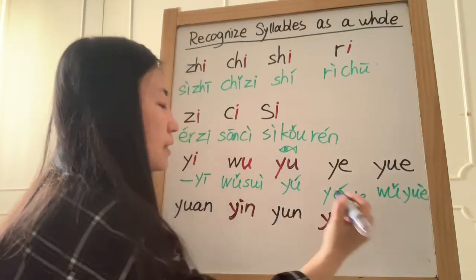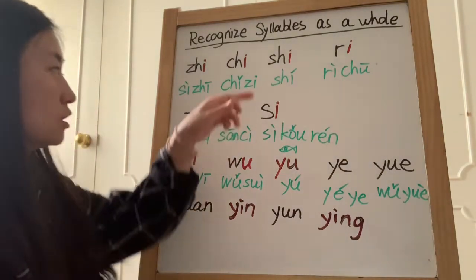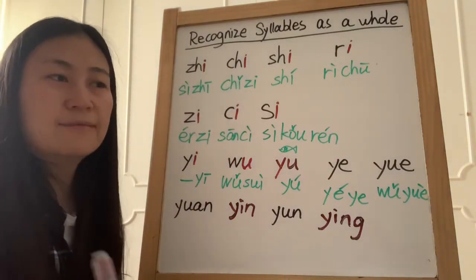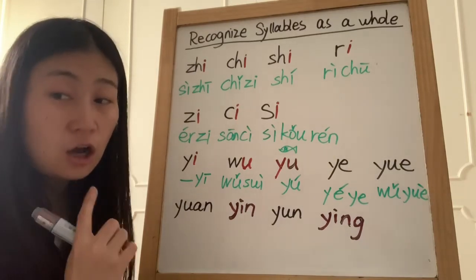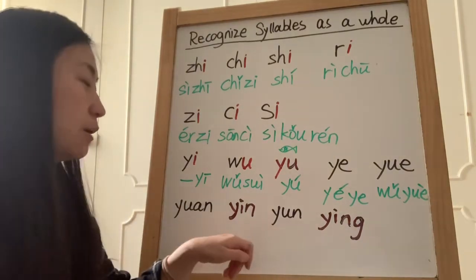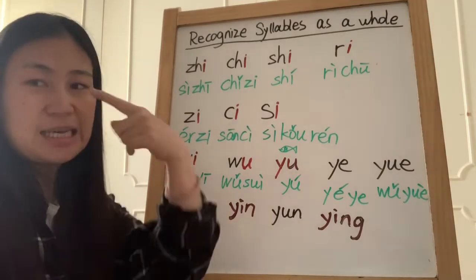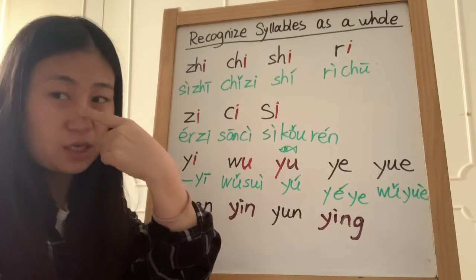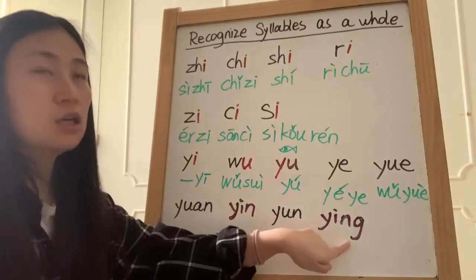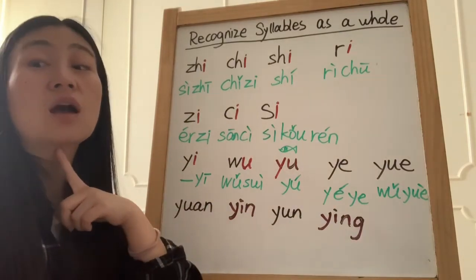Remember, in the last week we have learned the nasal ending. We have an, in, and ong, ying. So with G and without G, the pronunciation should be here, in. With G, the pronunciation should be here, ing.